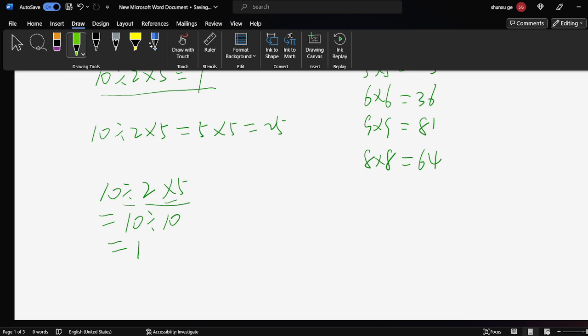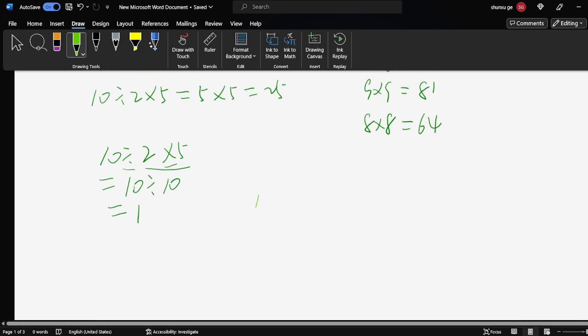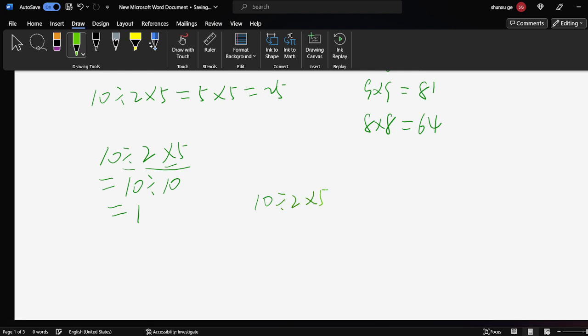You cannot change the order. If you change it, it's wrong. But another thing you can do: if you want to change the order, no problem. 10 divided by 2 times 5 equals, change divide to multiply by 1/2, times 5. Okay, you can change, no problem.